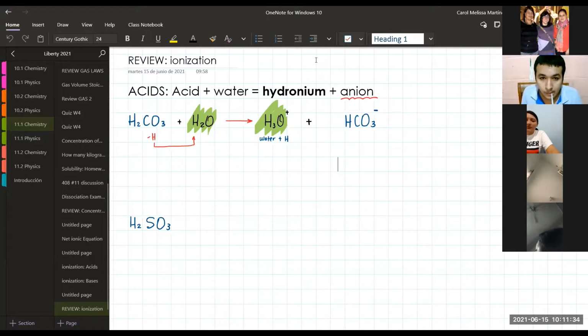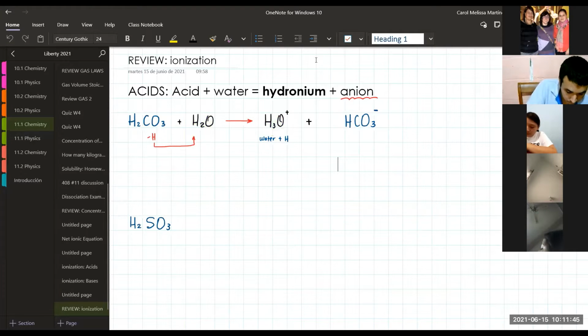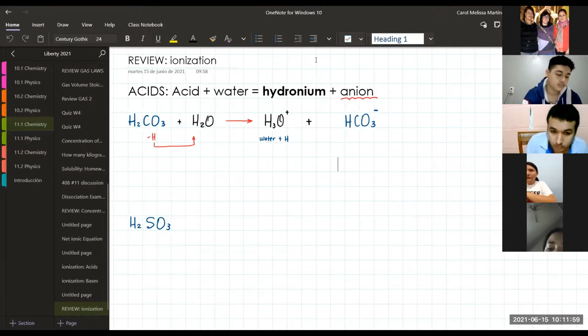Let's try one more time, but this time try to participate in the procedure. What will be the ionization of sulfurous acid? What is the first thing that I have to do? I need to combine it with what? Water. Plus water.